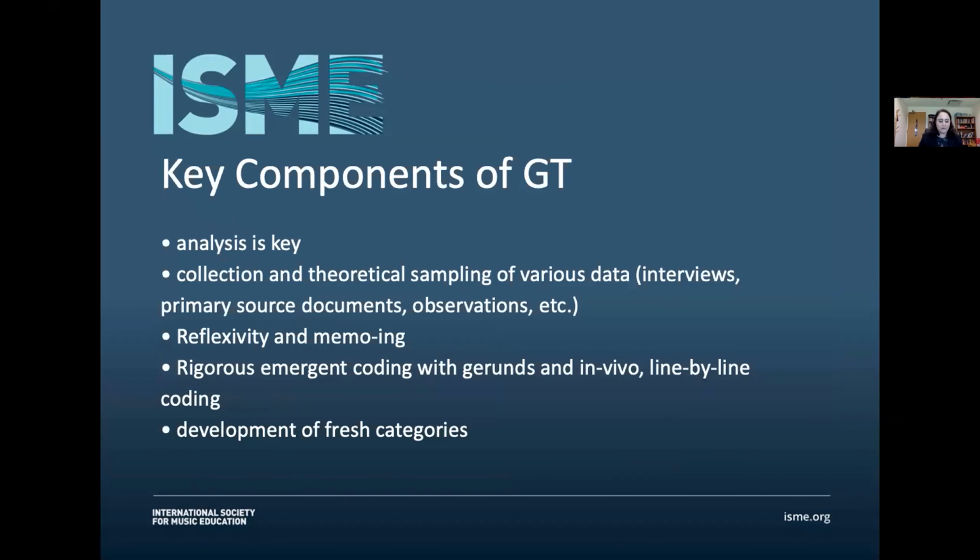So key components of grounded theory. Like I was saying, analysis is the most important part of this entire process, which is what I'm emphasizing today, in the sense that grounded theory is huge, it's very, very rigorous, but there are different components of it that I personally have applied to my own case study research that has actually helped me interact with the data a lot more closely than just regular thematic applications.